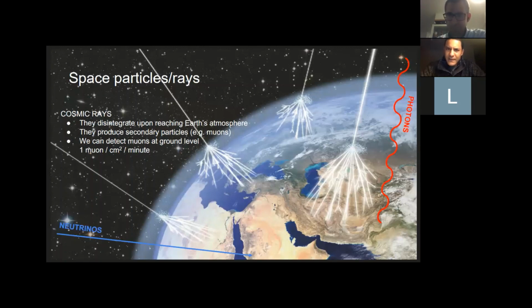So this is basically using muons, which can penetrate materials through several meters. So the idea is to use muons essentially to look at the internal structure of buildings or objects generally.